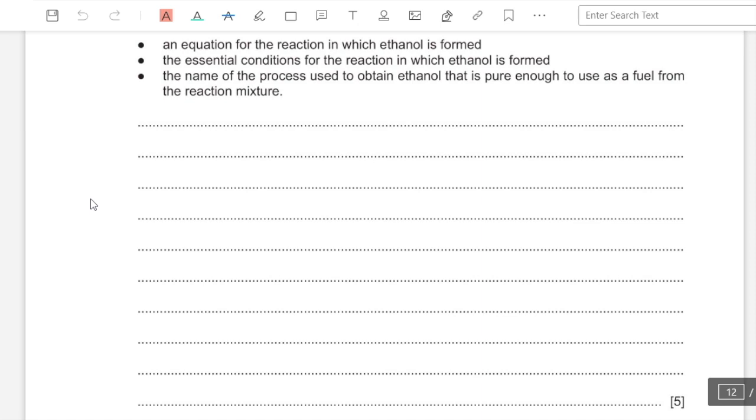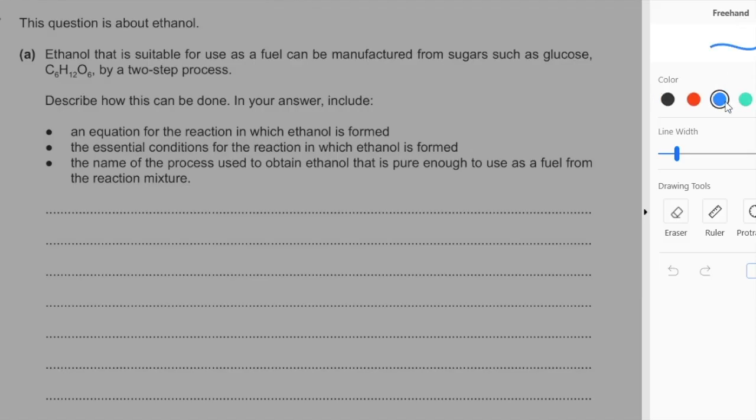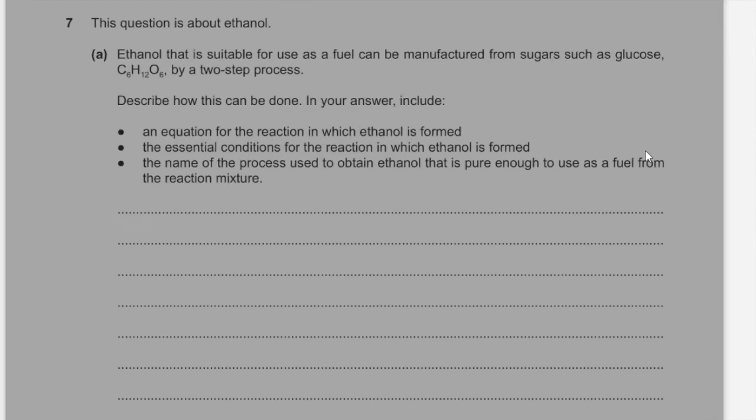Alright, starting with the equation, this is fermentation of glucose. So that means the equation is going to be glucose, C6H12O6, fermenting to form carbon dioxide and ethanol, C2H5OH.